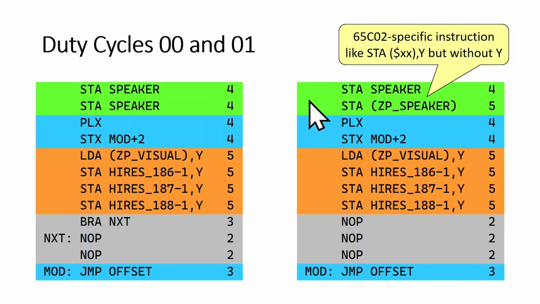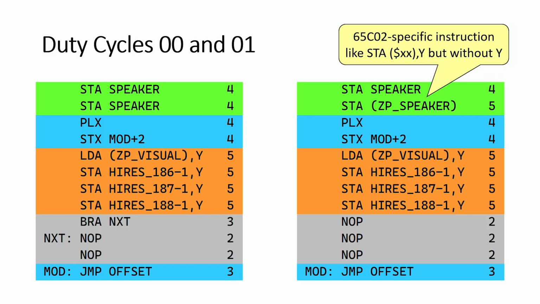Here we now have the duty cycle 0 on the left-hand side as we saw it before, and additionally the duty cycle 1 on the right-hand side. Duty cycle 1 needs to have an additional cycle between the 2 speaker toggles. Here it's 4 and there it's 5. As mentioned before, there is no 6502 instruction taking exactly 1 machine cycle that we could put in between those 2 accesses to the speaker.